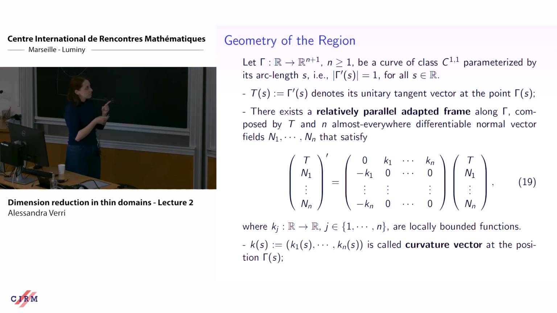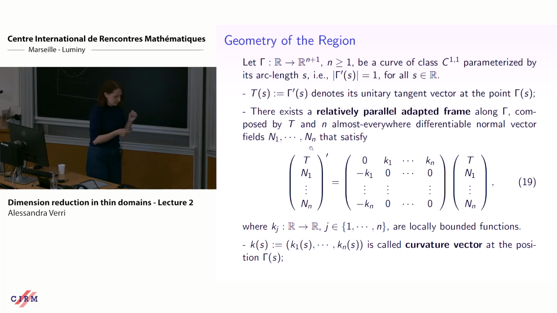But in these papers, the authors proved that it's possible to construct an adapted frame composed by the tangent vector and by n normal vector fields, n1 until nn.